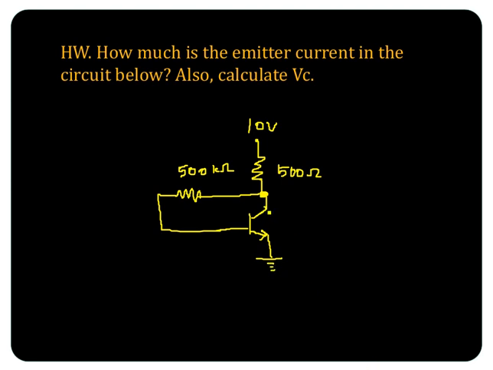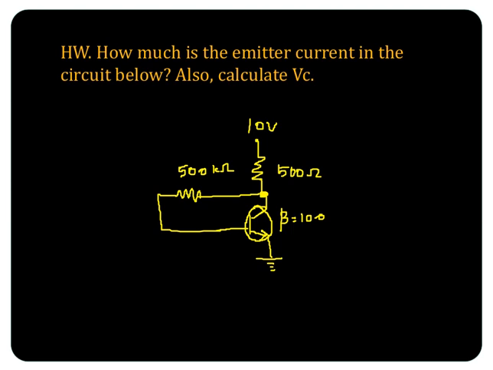Okay, so this is a transistor with beta equal to 100. Take down this question as homework. You have to find the emitter current in the circuit. Also calculate VC. What is VC? The collector voltage. VC equal to VCE. Do this problem as homework.